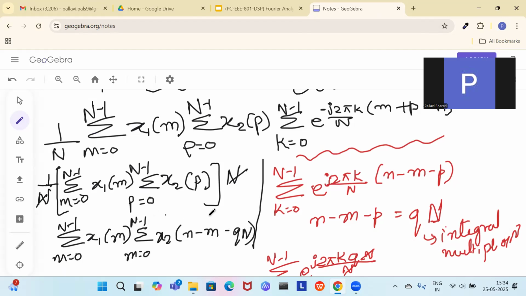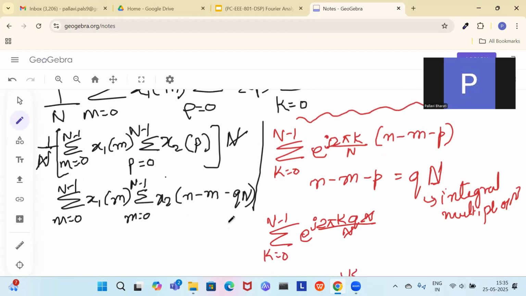Means in the place of p over here, I am writing n minus m minus qN. So how does this help? Here you had m, here you had m. So m is becoming common. This small n is for the basic signal itself, and this qN is going to make it shift.